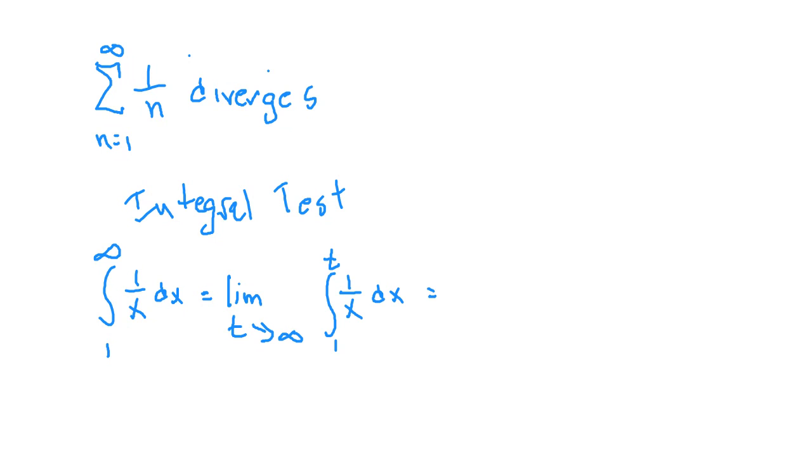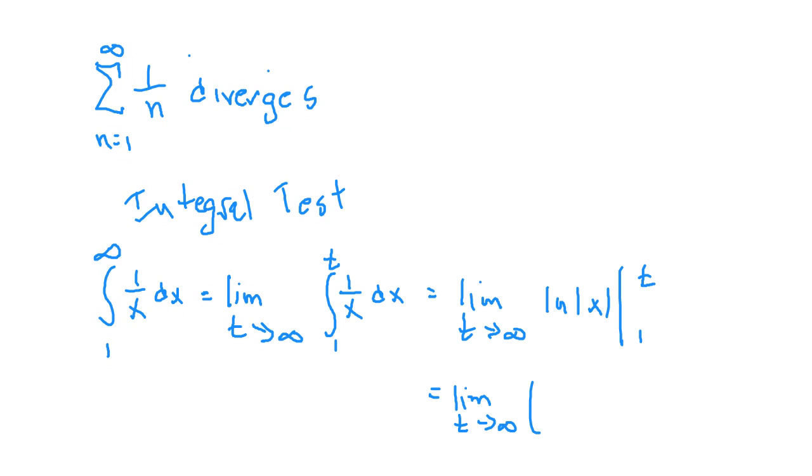So now we have the limit of a proper integral, and the antiderivative of 1 over x, as you said, is the log of the absolute value of x, from 1 to t. Okay, and so we get the limit as t approaches infinity of the log of the absolute value of t minus the log of the absolute value of 1.